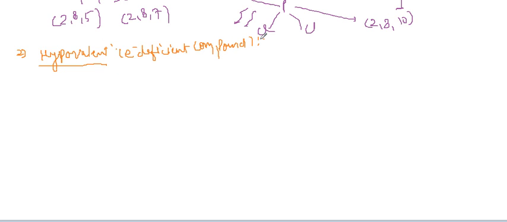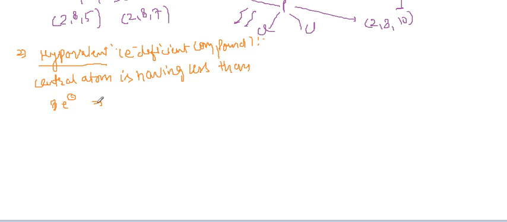So the covalent compounds in which the central atom has less than 8 electrons in its valence shell are called hypovalent, and electron deficient compounds act as a Lewis acid.